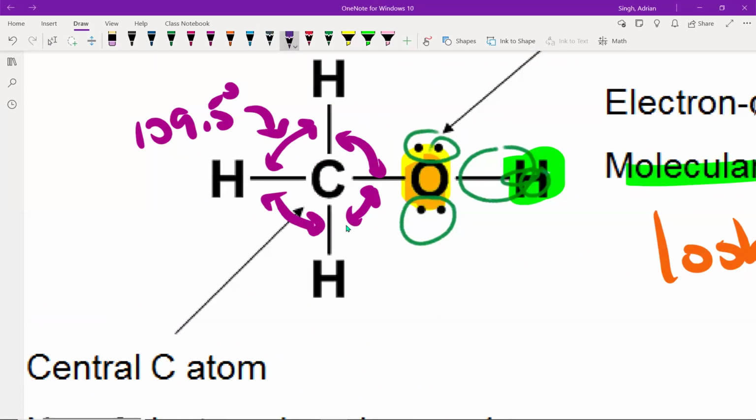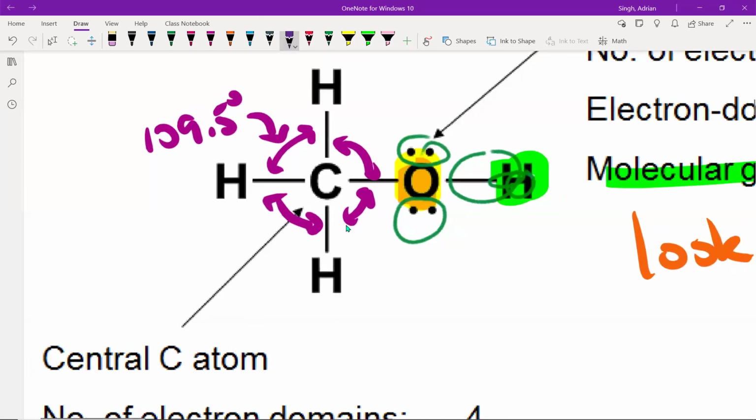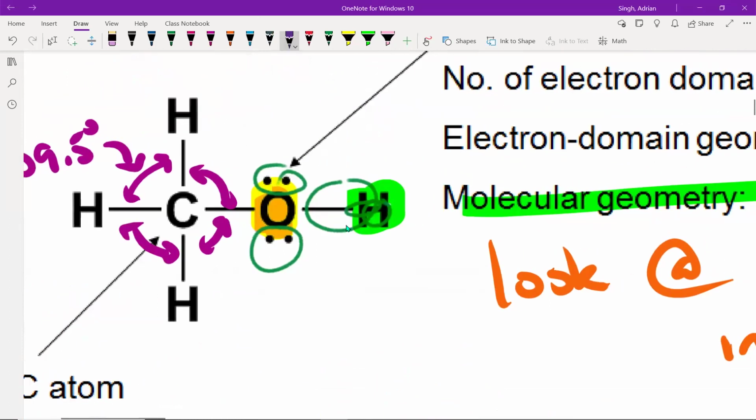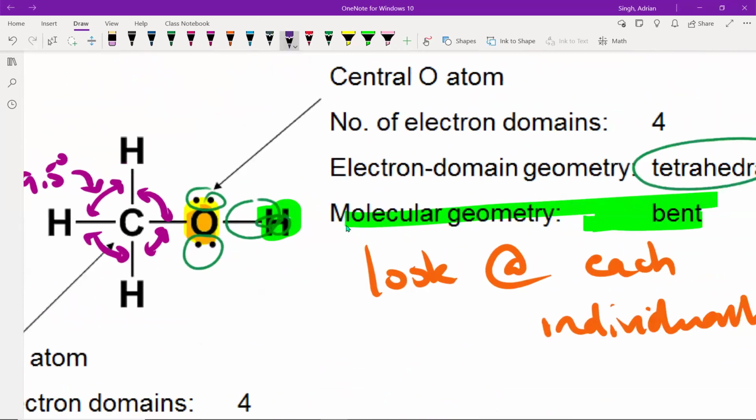And then around the oxygen, again, we have the tetrahedral electron group geometry around the O. We can assume then, because two of the tetrahedral positions are taken up by lone pairs, that the bond angle between the OC and the OH bond is not going to be 109.5, because we have 2 lone pairs now occupying positions in the tetrahedron.